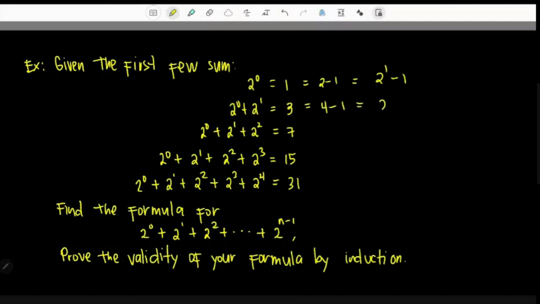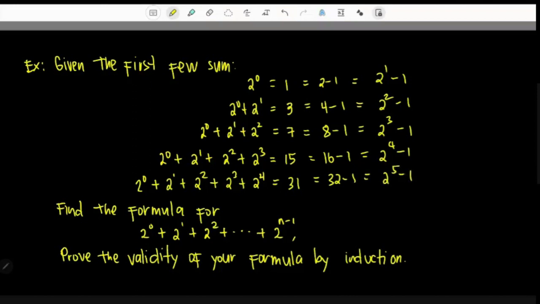But 4 can be written as 2 squared, so 3 is 2 squared minus 1. Let's look at the next pattern, 7. We know that 7 is 8 minus 1. So that's 2 to the 3 minus 1. 15 is 16 minus 1, right? So that's 2 to the 4 minus 1. 31 is 32 minus 1. So that's 2 to the 5 minus 1.